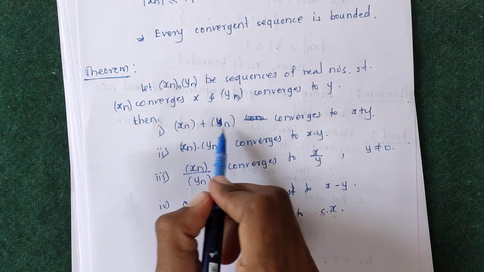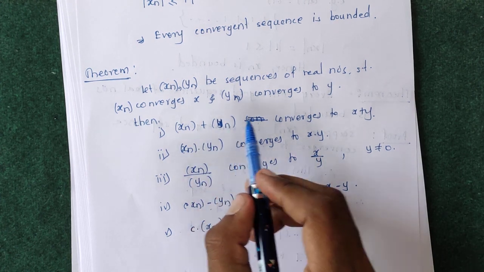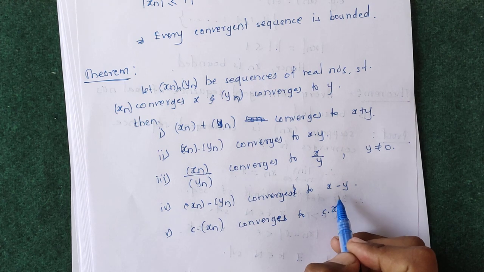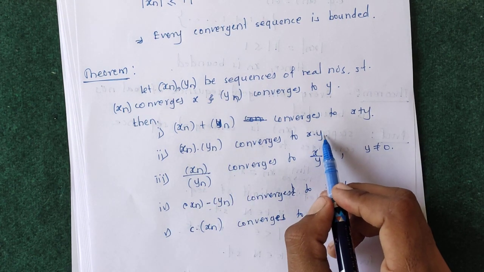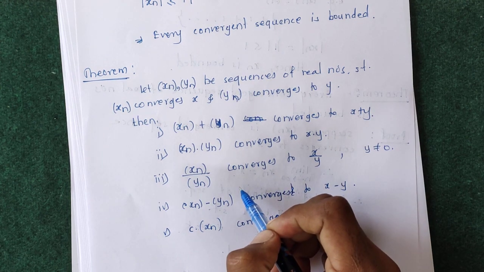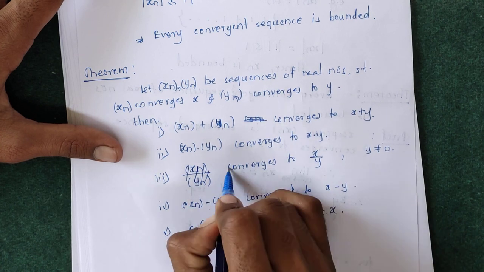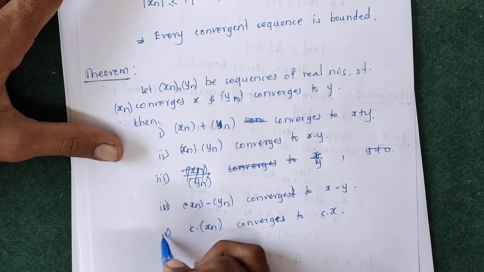So if you are given xn and yn and their limits x and y, then the addition of the sequences converges to the addition of the limits. Similarly, the subtraction of the sequences converges to the subtraction of the limits. The multiplication of the sequences converges to the multiplication of the limits. For the division, there is no proper theorem in general. Suppose this is third and this is fourth.